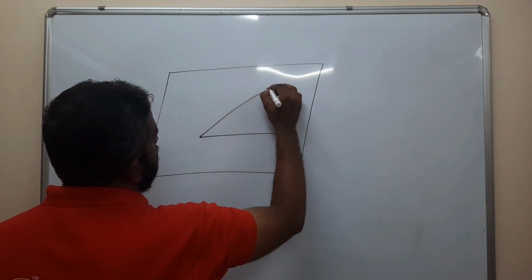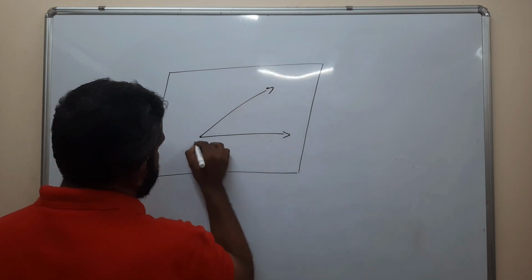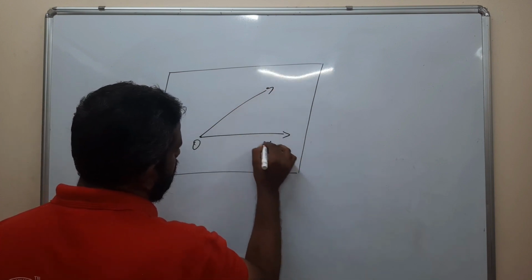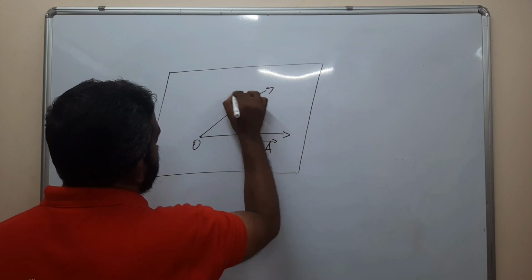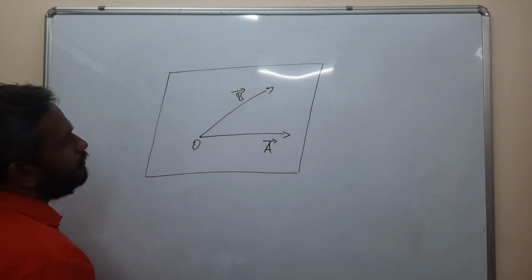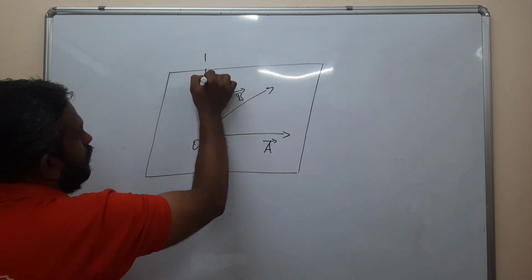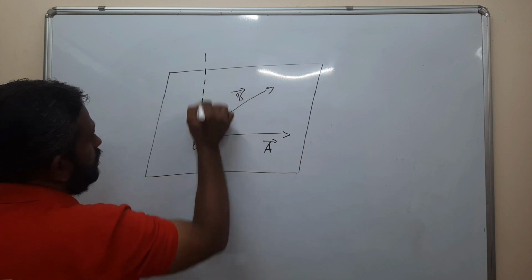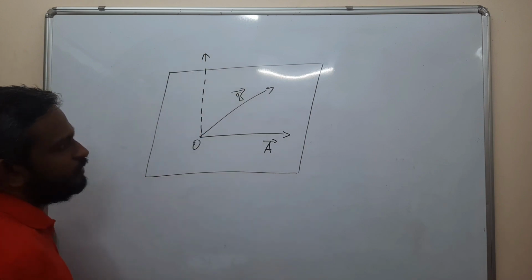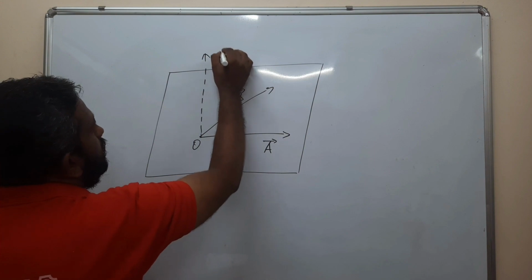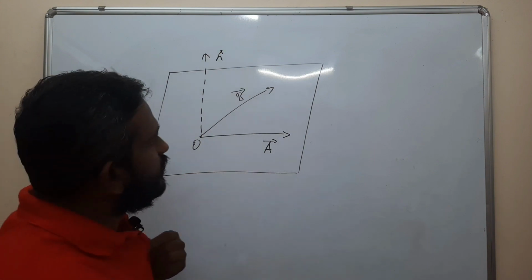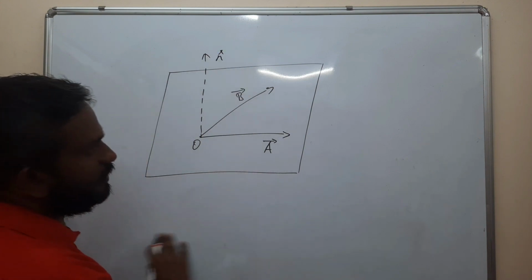This is another vector, that is b. This is the origin. This normal is the unit vector n cap. So what is the formula to find the unit vector?